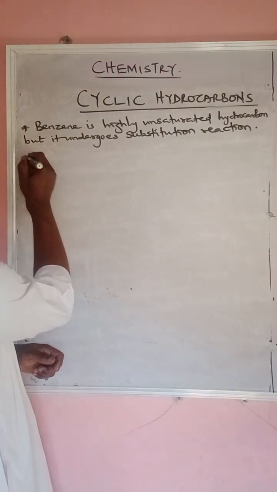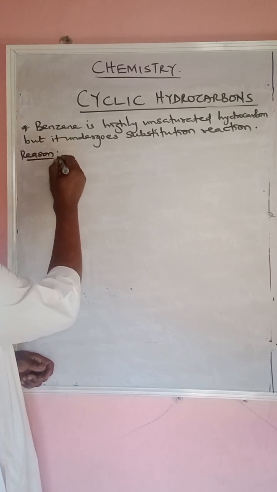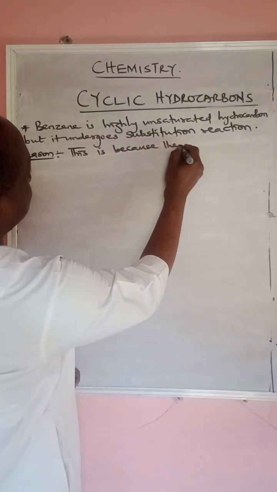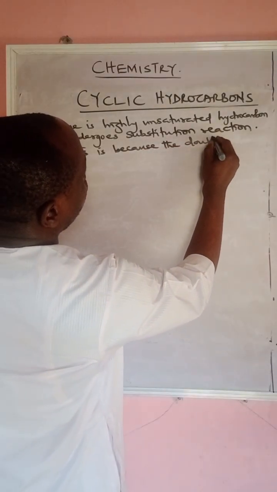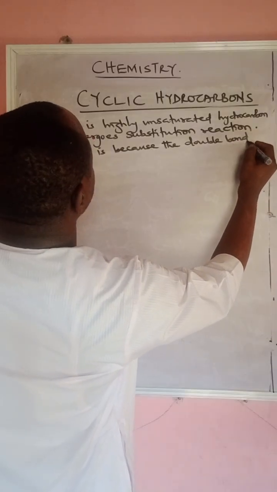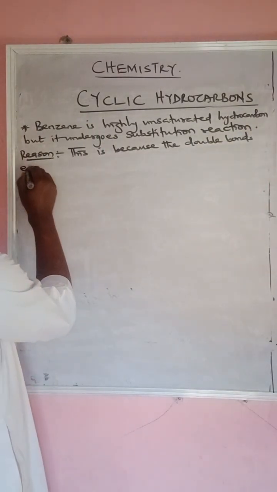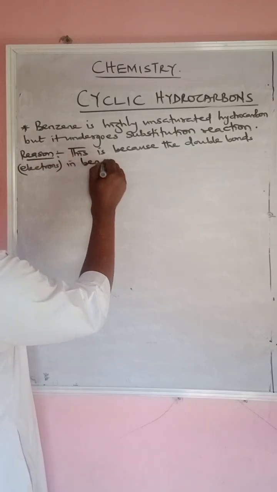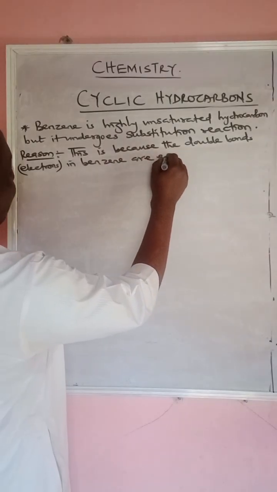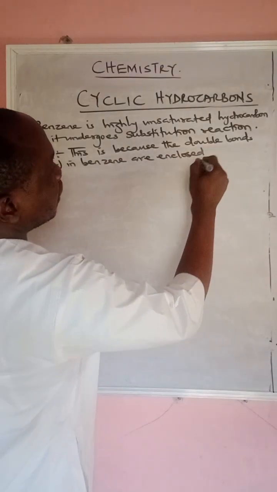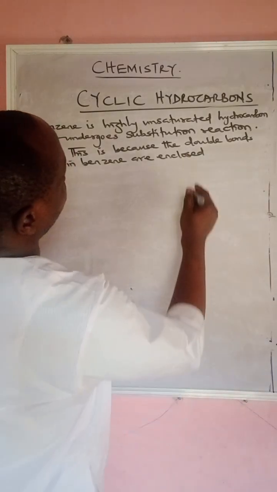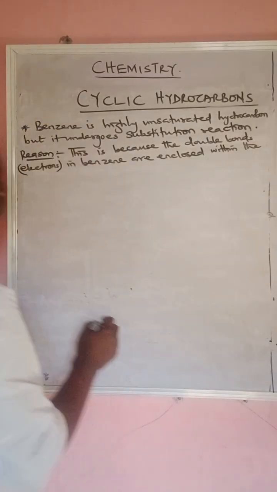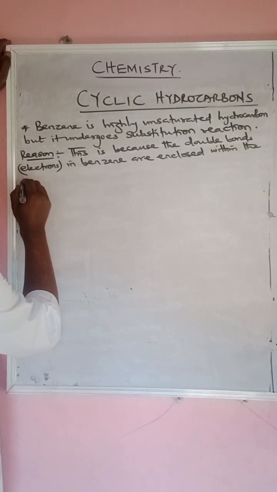Let's see the reason for this. This is because the double bonds, that is electrons, in benzene are enclosed within the structure.